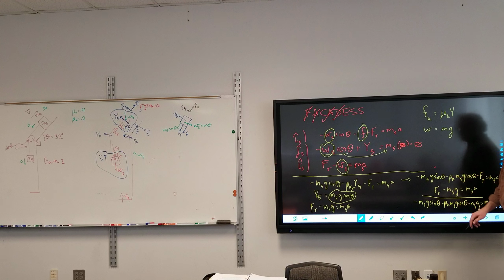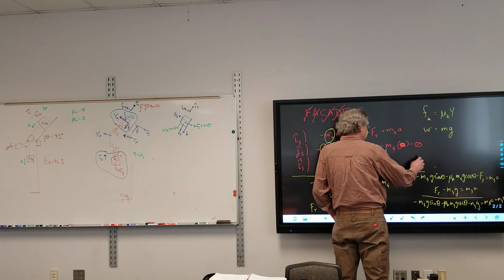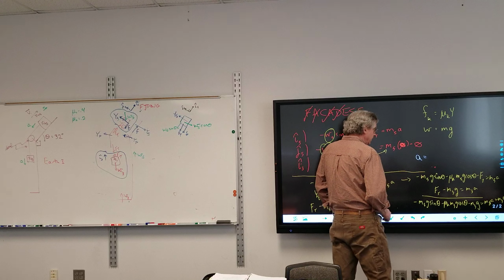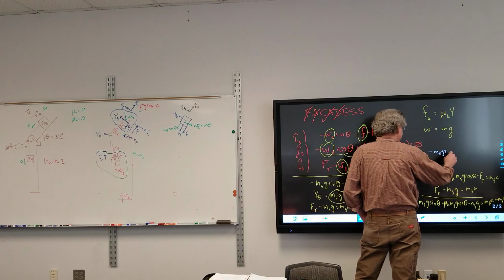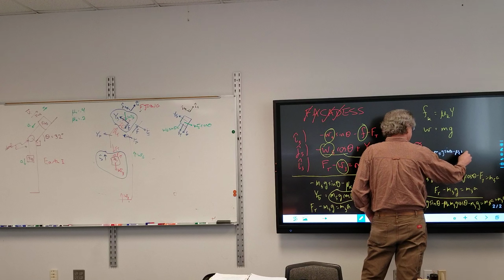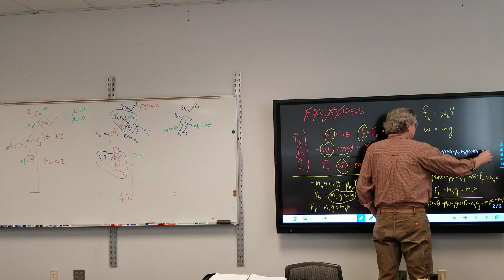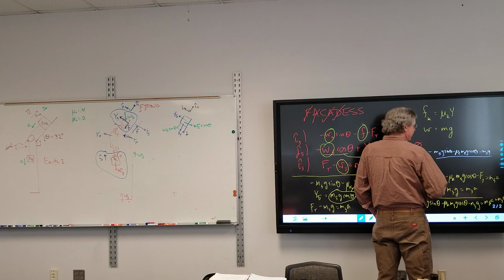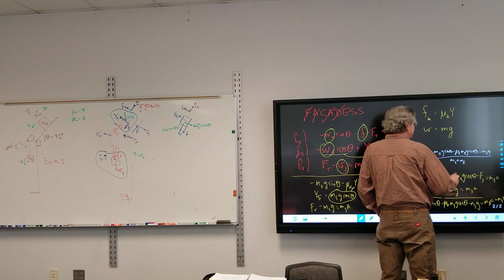And so we end up with the absolutely spectacular equation: my acceleration is going to be negative M5G sine theta minus mu K M5G cosine theta minus M3G, divided by M3 plus M5.